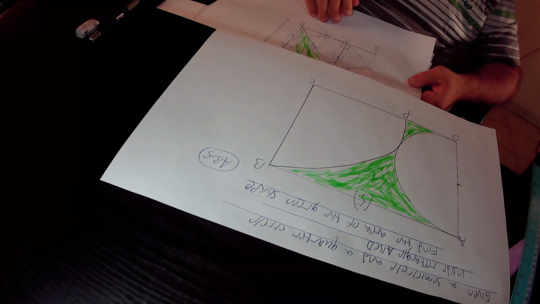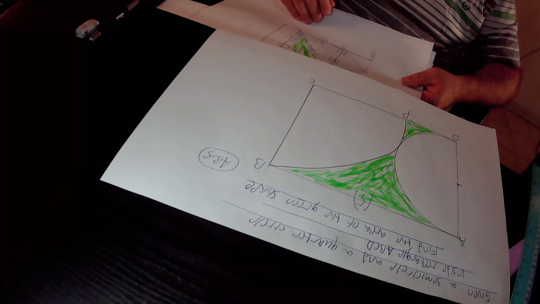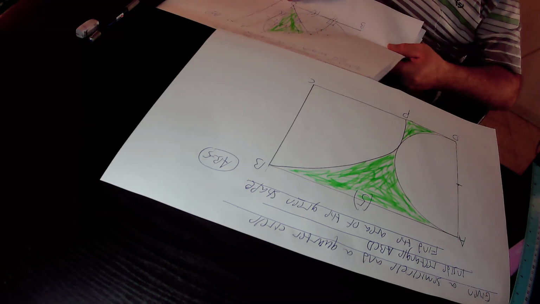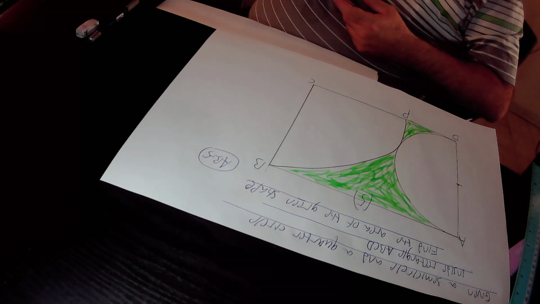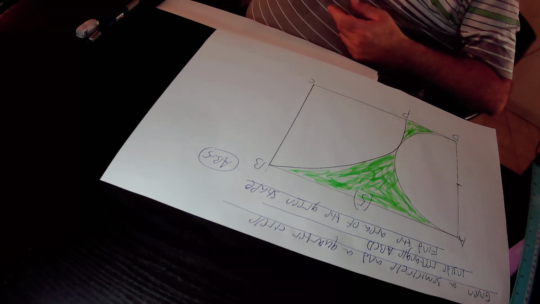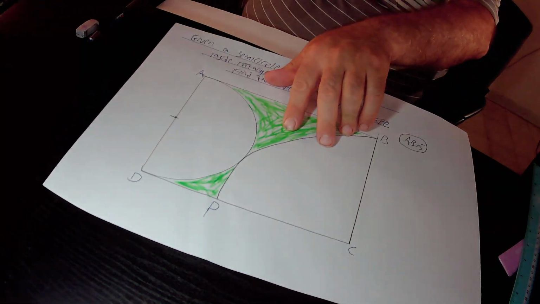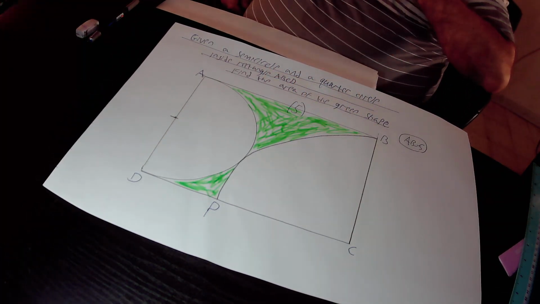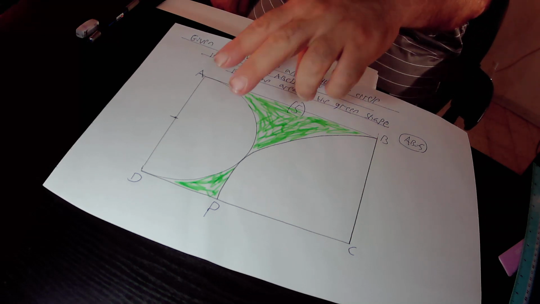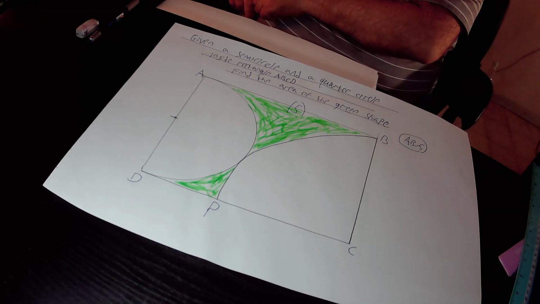In the next step, I'll present you the second question and we'll solve it. So in the second question, our mission is to find out the area of this green shape.